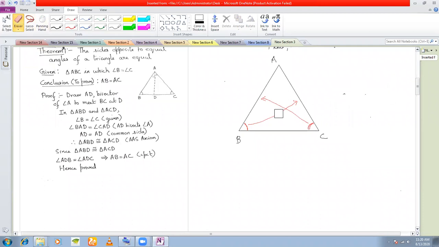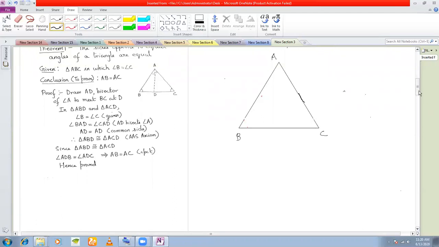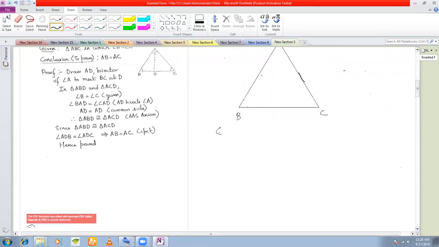So we'll draw this triangle. And we'll see given triangle ABC in which angle B is equal to angle C. Let me just mark the equal angles.